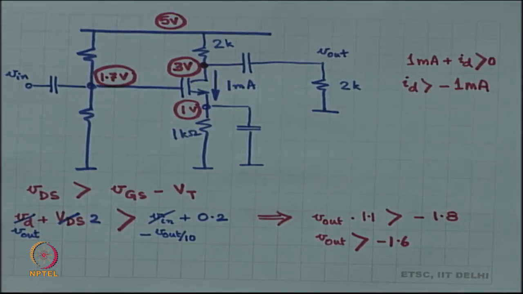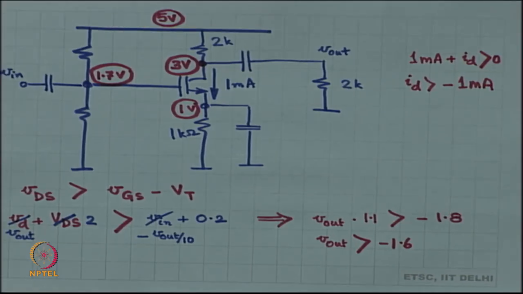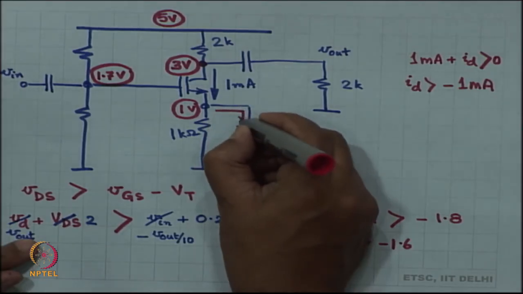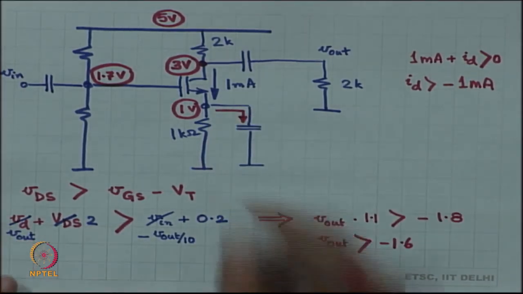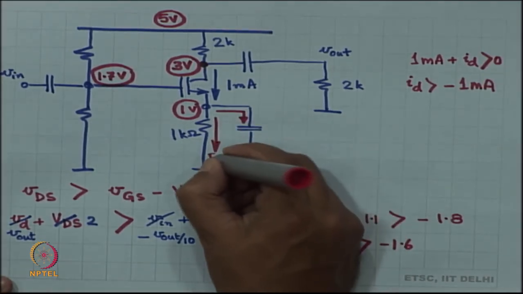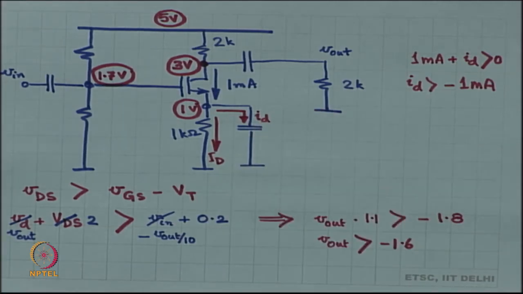This is the requirement. Fine. Okay. So, now what is small id? Small id is the current through this capacitor. This is capital ID, this is small id. Okay.